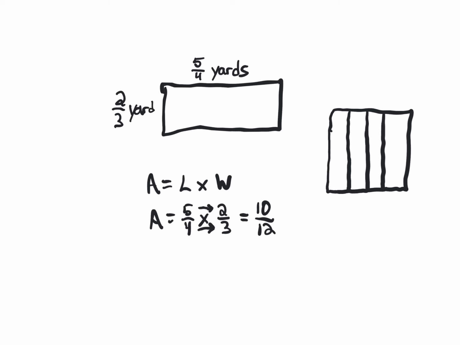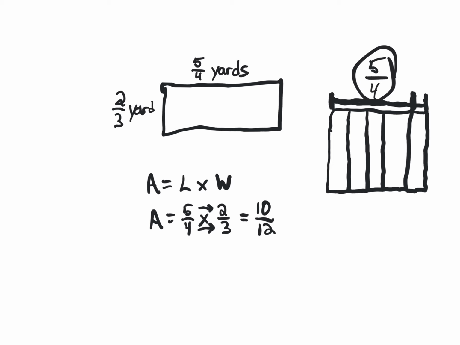Now, because I need to represent 5/4, and from right here to right here, we have 4/4, we need another fourth. So I'm going to draw another fourth. So this now gives me, from here all the way to here, 5/4.